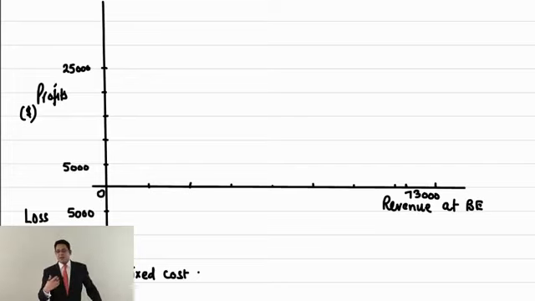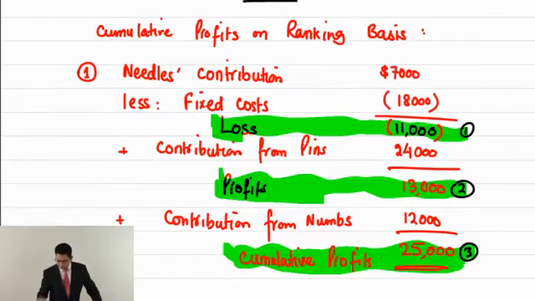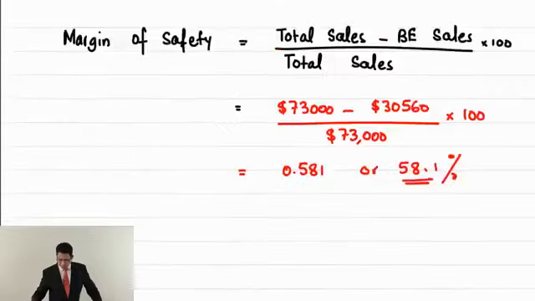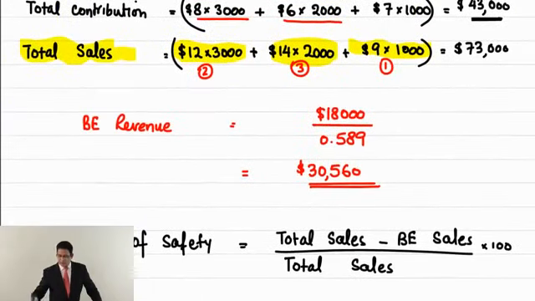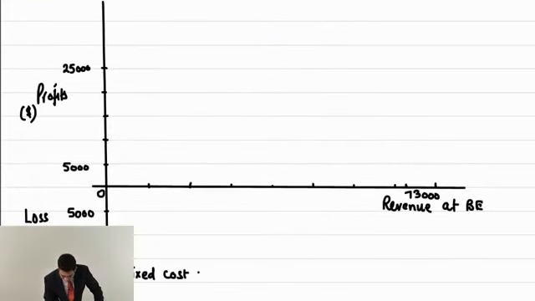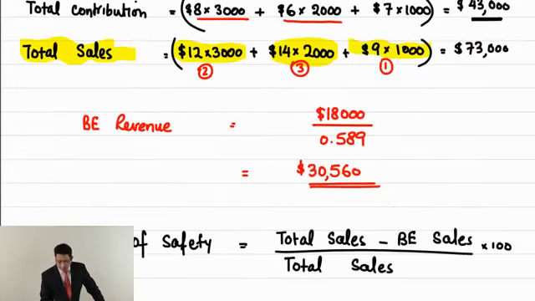Then secondly, cumulative sales in ranking order, which I was talking about before. Okay, 9,000. So here is 10, just before 10 is 9,000, and I can mention this is coming from pins. Then second sales are 12 into 3,000, which is 36,000.